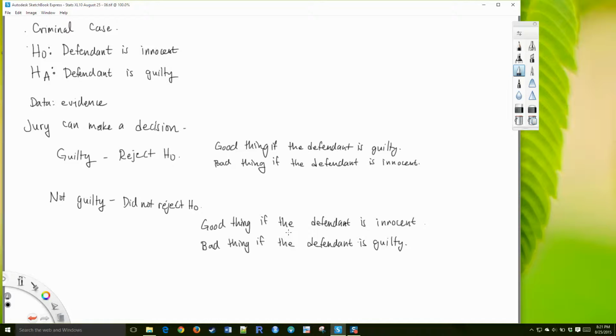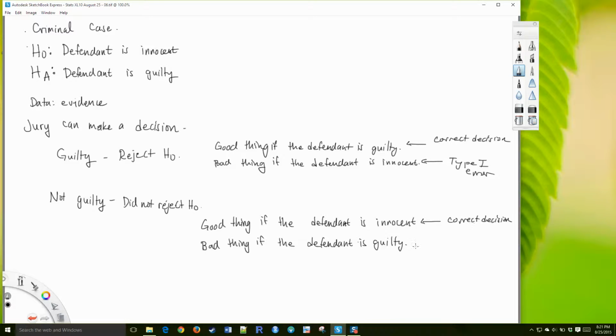Yes. So rejecting the null, or finding that the defendant is guilty when in fact he is innocent, this is a type 1 error. Okay? Finding the person guilty if the defendant is guilty, this is the correct decision. Over here, this is the correct decision, the first one.